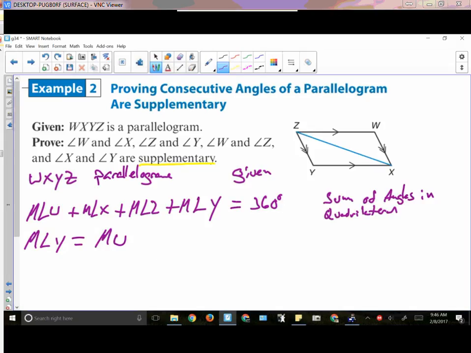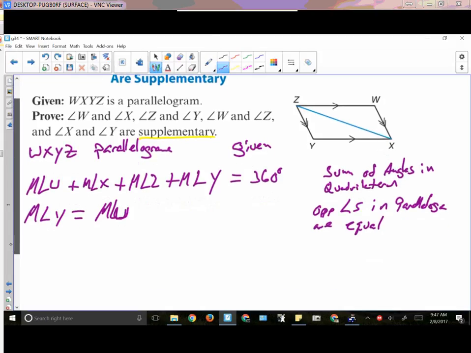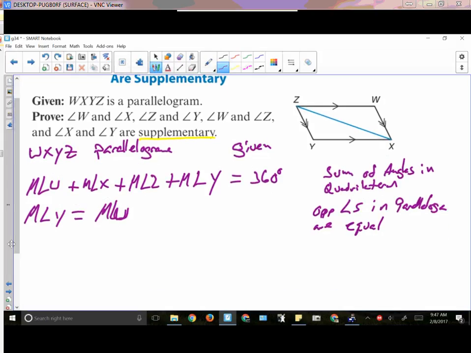And that would end up being: opposite angles in a parallelogram are equal. So since I know that those two are the same, could I use a substitution as follows? And also that the measure of angle Z is equal to the measure of angle X. Can I do that?